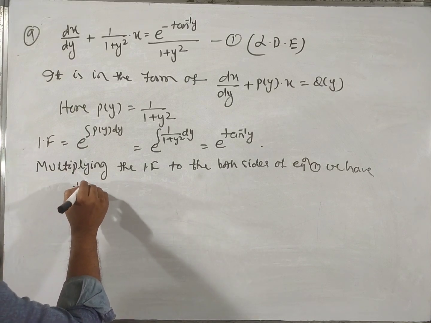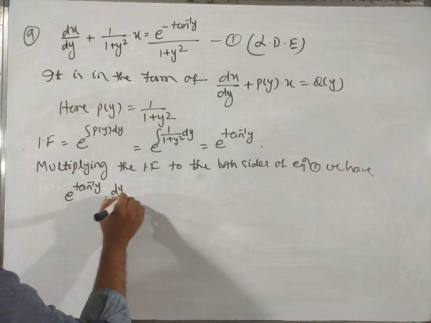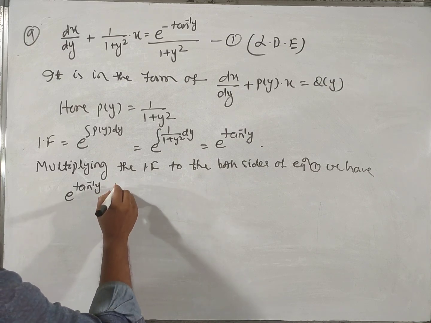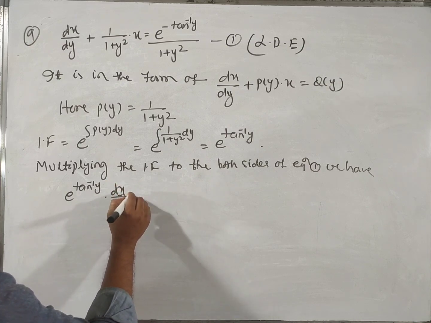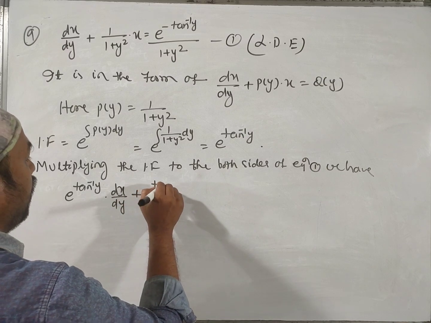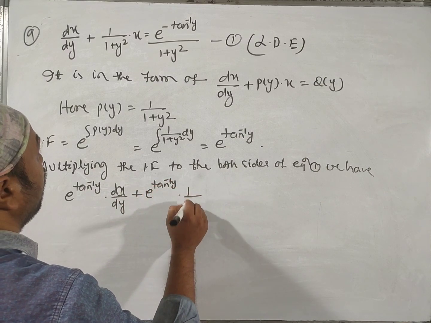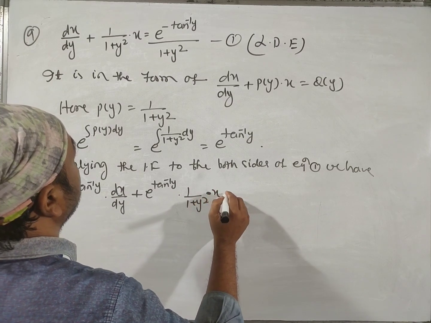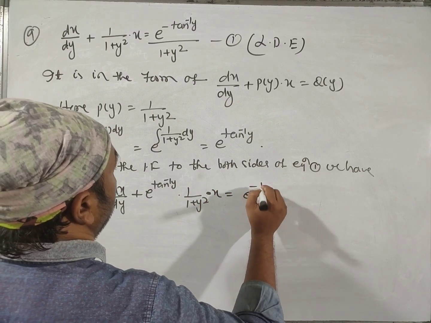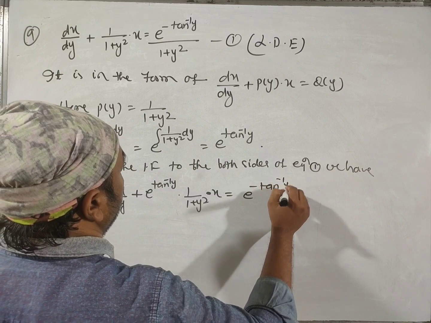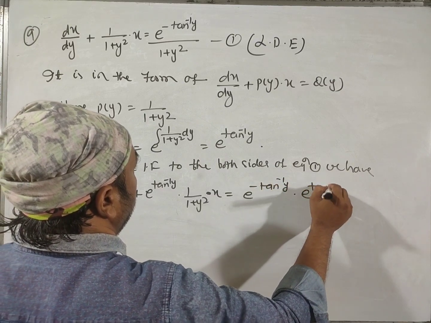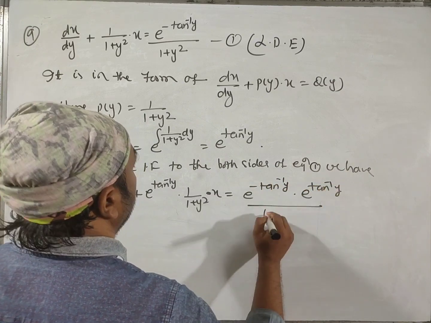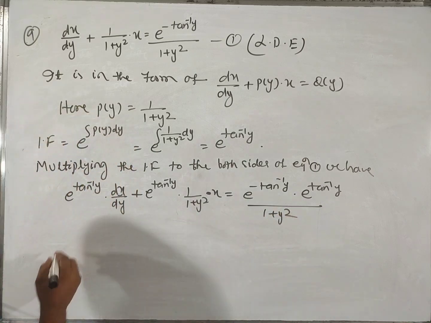e to the power tan inverse y into dx upon dy plus e to the power tan inverse y into 1 upon 1 plus y square into x. Then it is e to the power minus tan inverse y multiplied with e to the power tan inverse y whole divided by 1 plus y square.